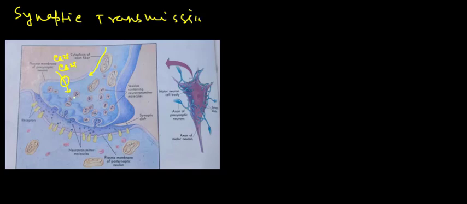This binds with the vesicles containing the neurotransmitter, and this causes the release of the neurotransmitter into the synapse. Here you can see the synapse is the space in between the two neurons.